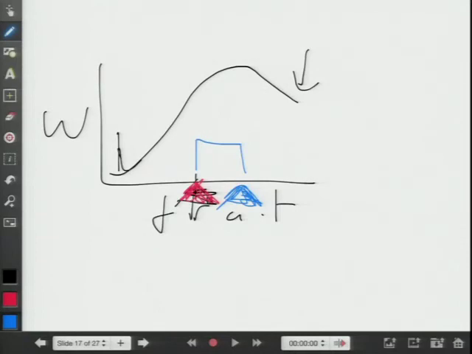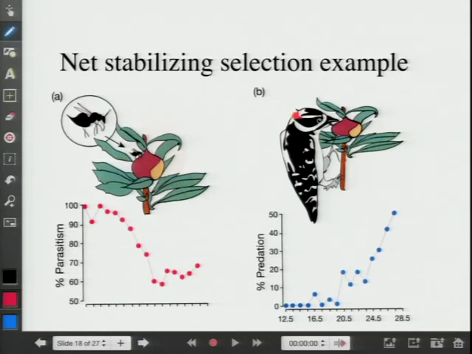In fact, most traits are going to have a fitness surface kind of like this, where there might be some directional selection, but there's a limit to it beyond which some other force is going to push back. And that's what makes stabilizing selection the most common type of selection for most traits of most organisms.